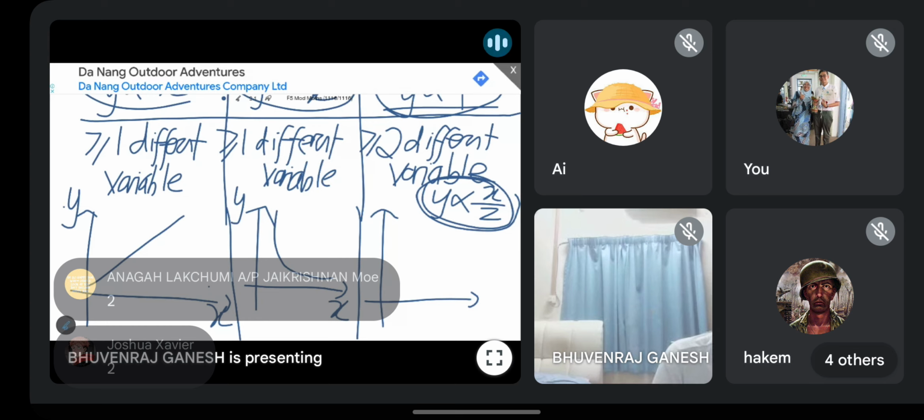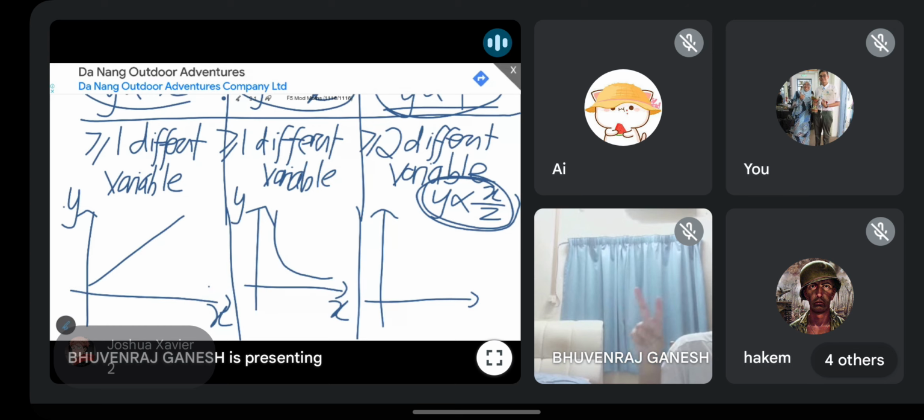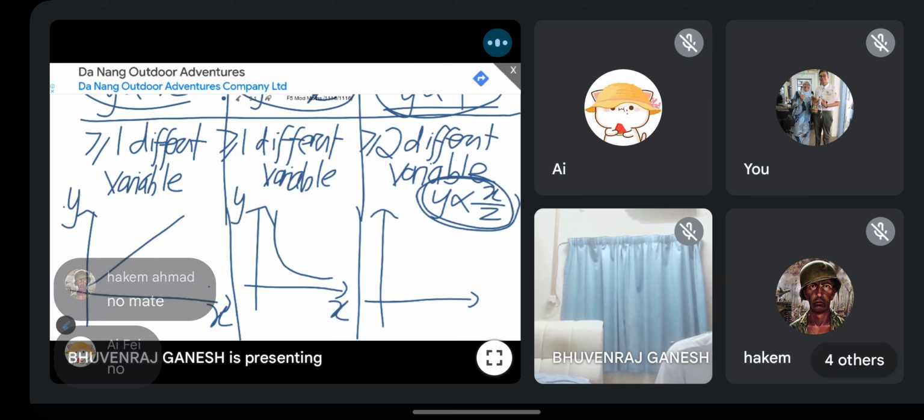So now guys, I ask you a question. 3 variables, 2 axes. Is it possible to plot 3 variables on 2 axes? Logically. Adakah boleh kamu plot 3 pemboleh ubah dalam 2 paksi sahaja? Can or not? Yes or no? Okay, basically cannot.